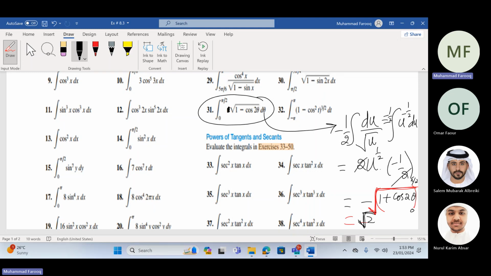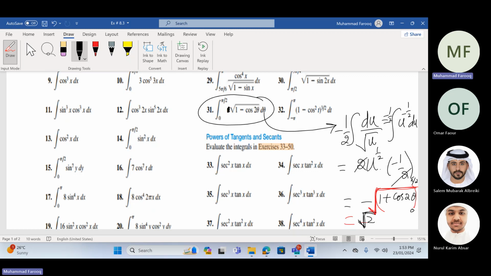Because when you apply the lower limit, cosine 0, lower limit means upper minus lower. So minus, and that becomes positive, negative radical. Plus, outside the negative sign. The upper limit, outside the negative, but it's negative inside the radical. 1 minus 1 is 0.